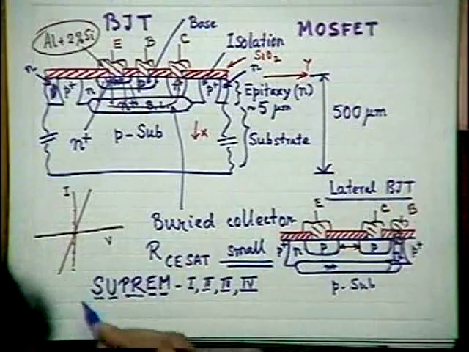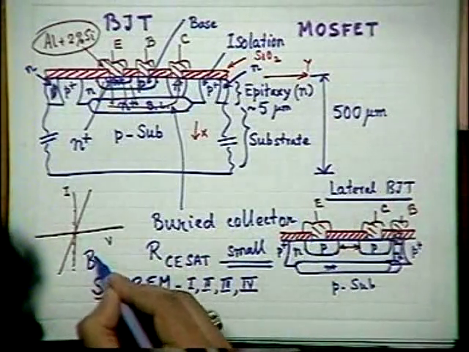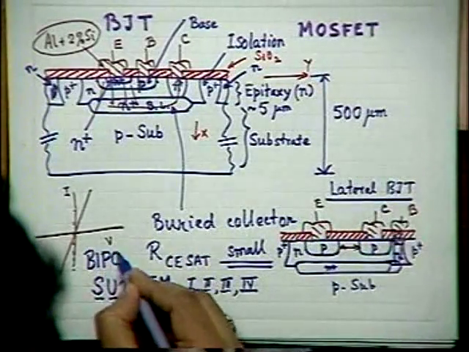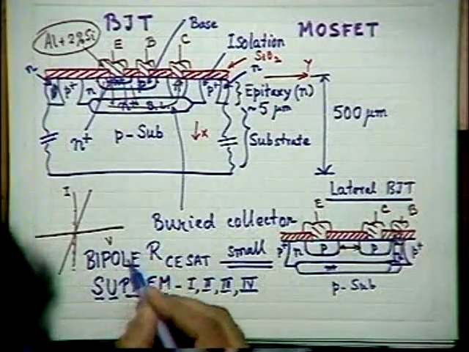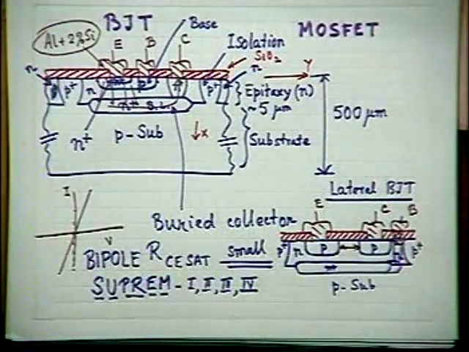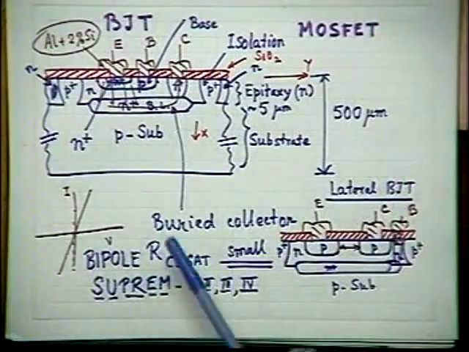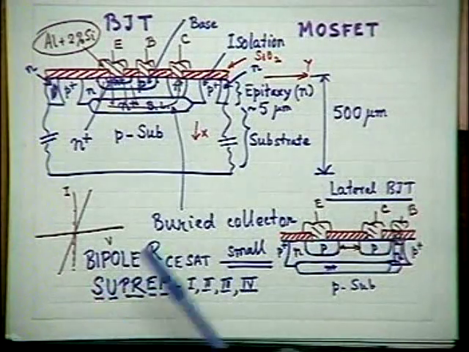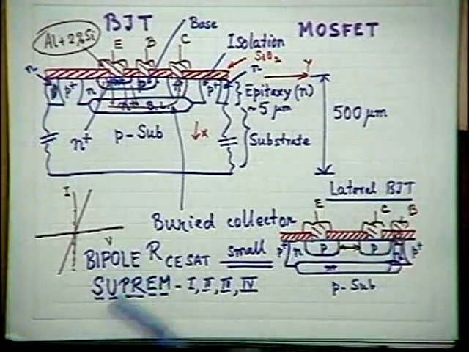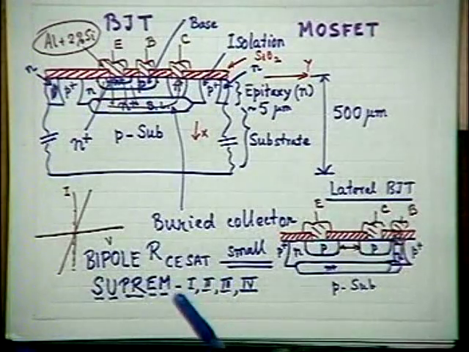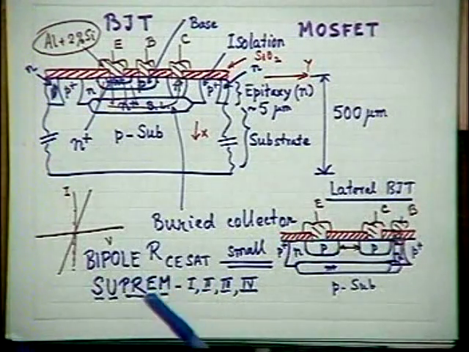And again, you have to take help of a commercial simulator. For example, a simulator called Bipole is available. It was developed by Professor Ralston of University of Waterloo, Canada.